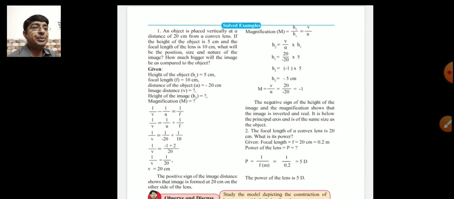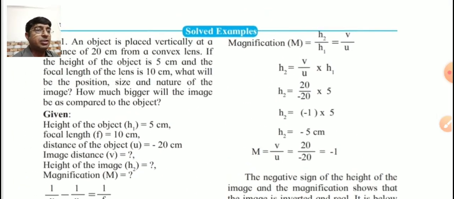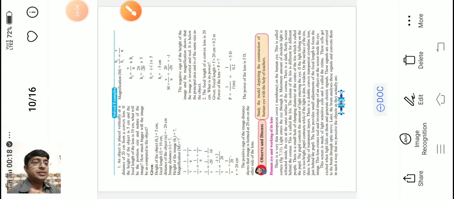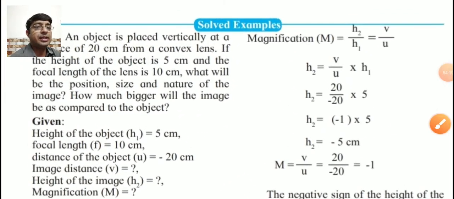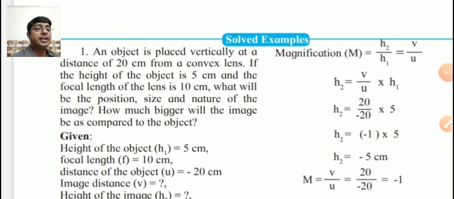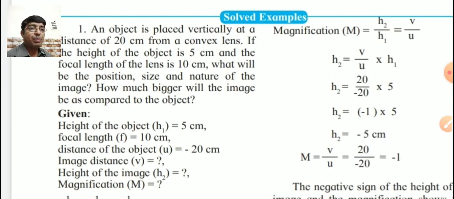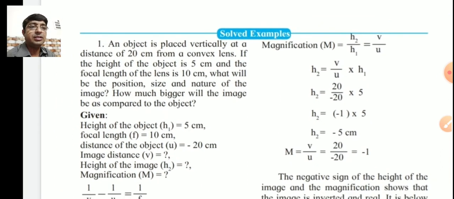Now two numerical problems are given here that are already solved. So you write the numerical problems in your notebook and try to write down the answer in that pattern given: formula and solution. I will give the proper answer in that pattern in our assignment. So first of all, you try to find out the answer.